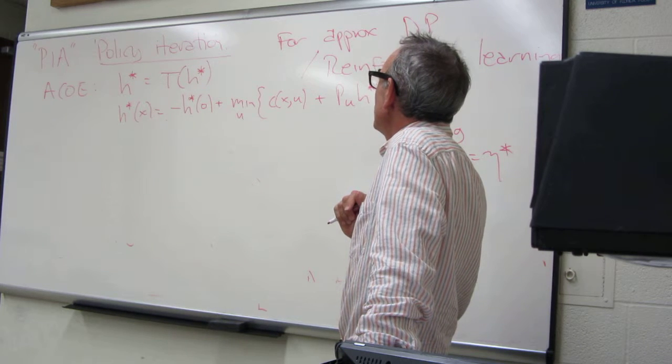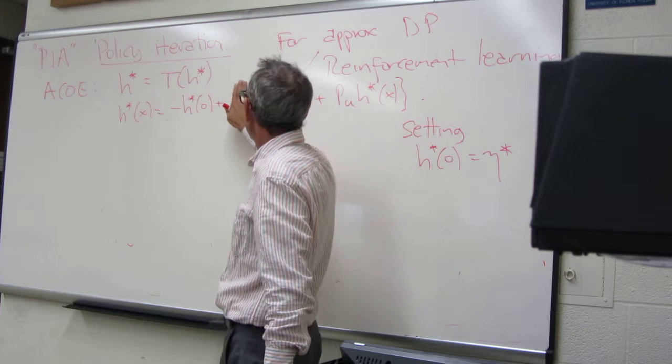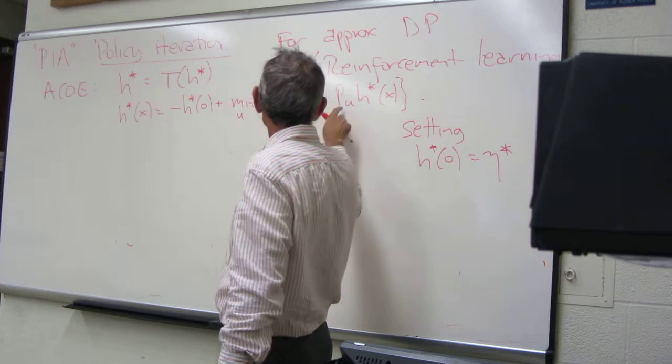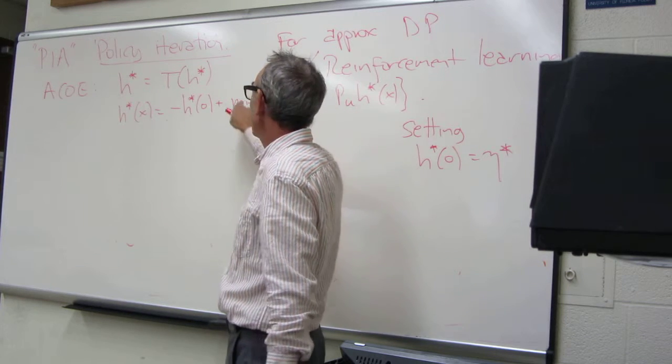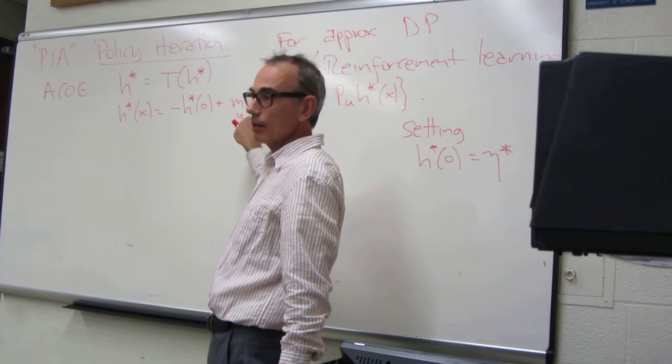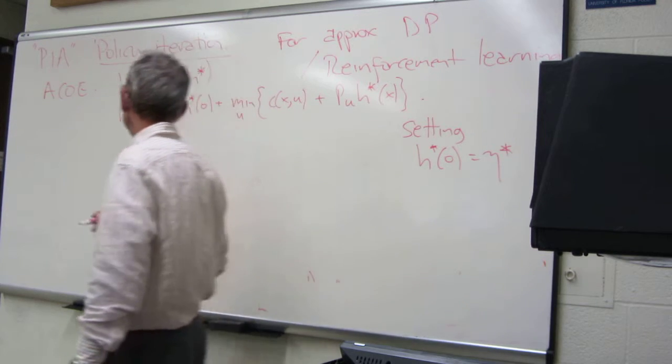All right, so now, this is matrix vector multiplication. That's a linear function. The minimum of linear functions is concave. T is a concave function.